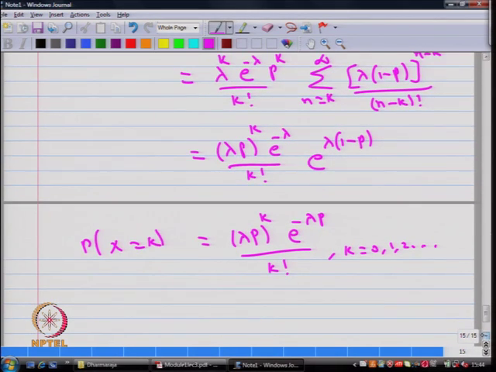Hence, the conclusion is the random variable X is Poisson distributed with the parameter lambda times p. So, this problem occurs in many situations of stochastic modeling. Therefore, we have discussed this example in this lecture.